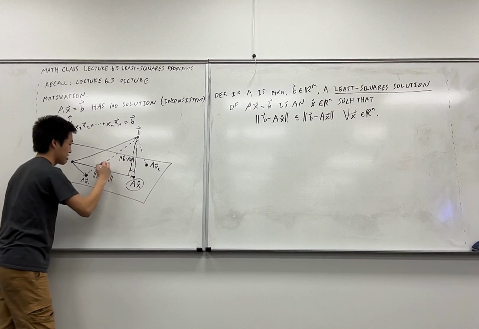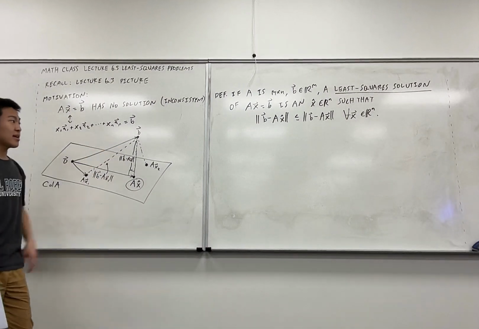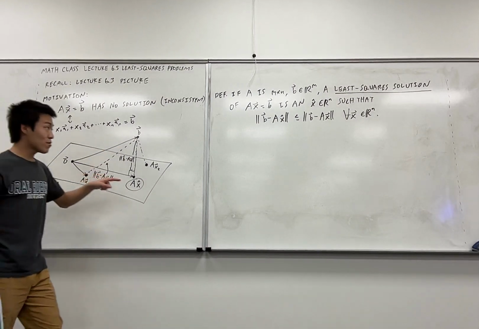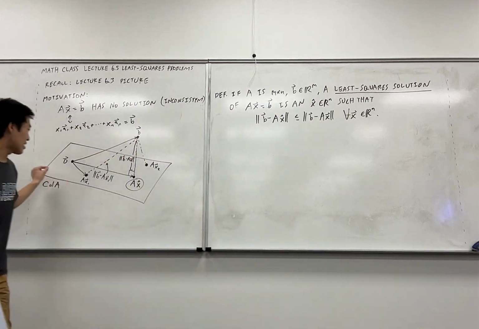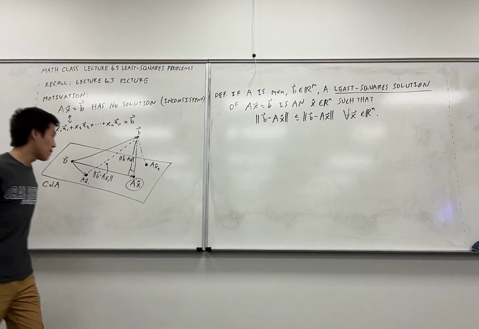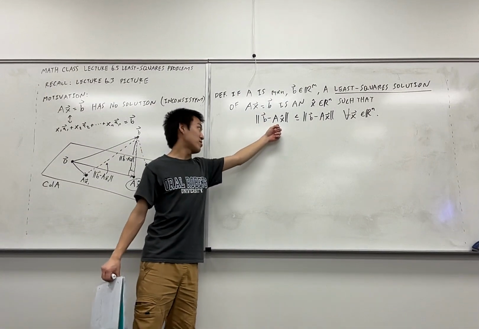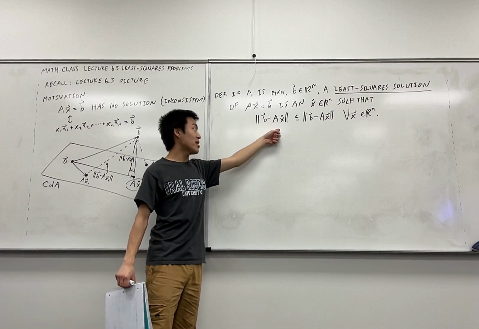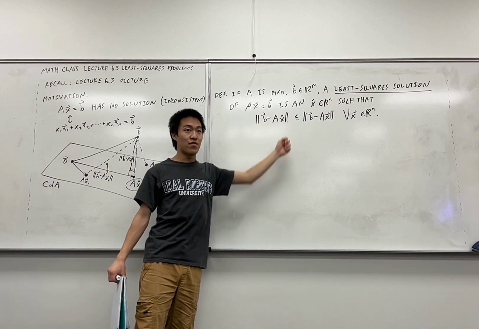So that would be like this distance. And so all this definition is saying is, if I were to take all of the possible distances inside of my column space, I specifically want the one that has the shortest distance to my B. That's a fancy and roundabout way of simply saying this is the closest approximation of the vector B.